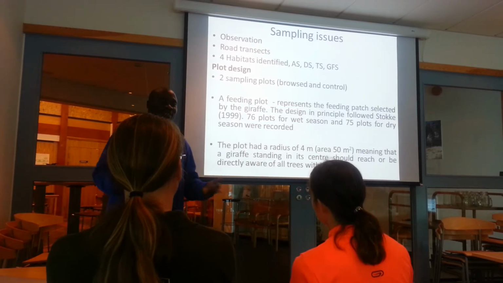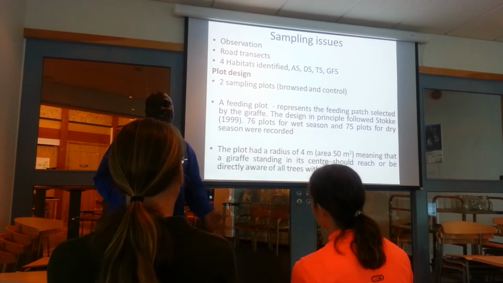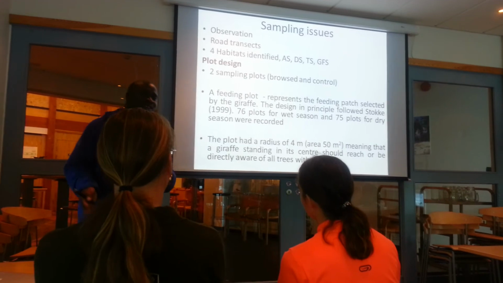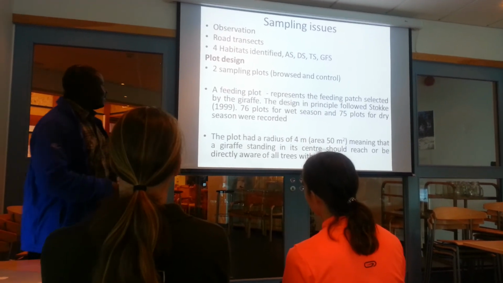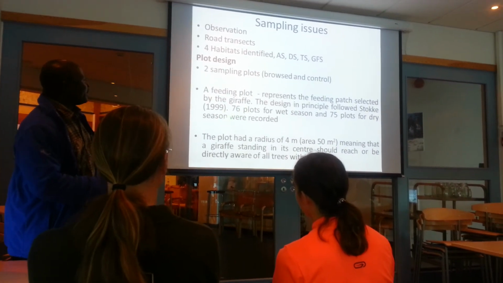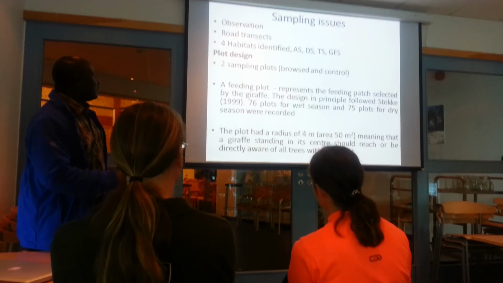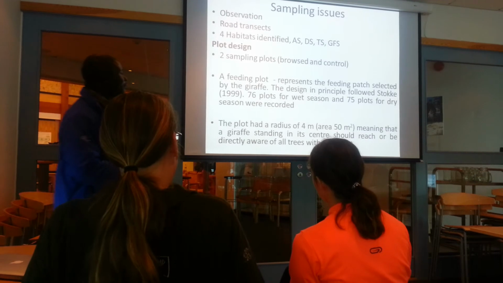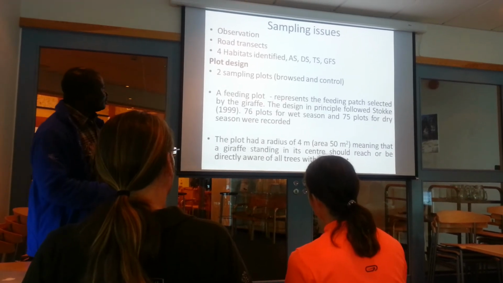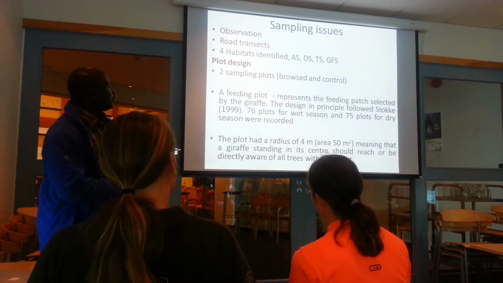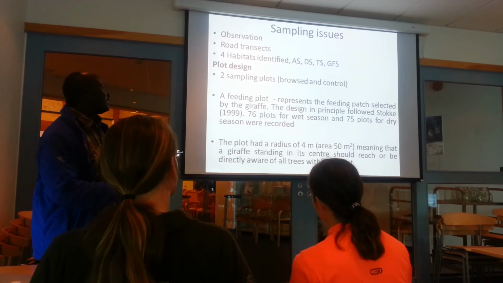We have 2 seasons, which we call dry season and wet season. Unlike here, maybe winter, autumn, spring, no. And therefore, I recorded 76 plots during the wet season and 75 plots for the dry season.